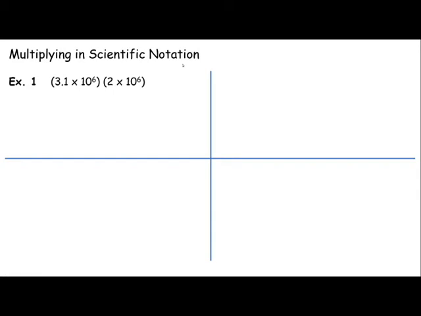Here's the good news. Multiplication in scientific notation is probably easier than multiplication in standard form. So what I'm going to do is use a few algebraic properties to rearrange the way this looks. I'm going to start with the associative property.